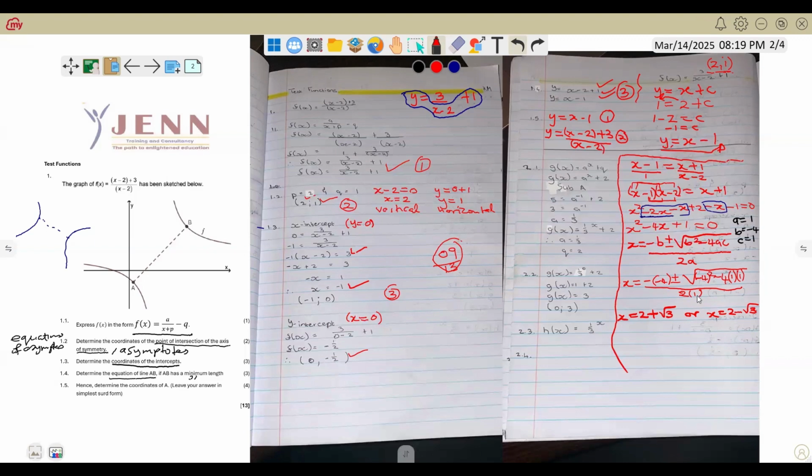Yes, sir. But what was the question saying? Go ahead to the question. The coordinates of A, so we must look for y. It wants coordinates. So it means we also have to look for y. Is that clear? Yes, sir.